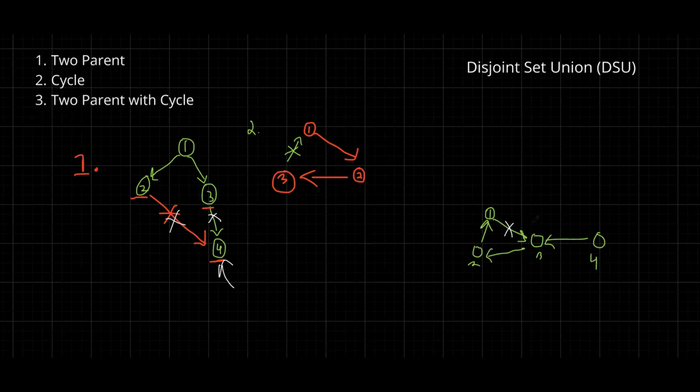And if there exists a cycle with two parents, then we can remove the edge which is present in the cycle. And by doing so, we can use union by size and path compression, which is explained in detail in the redundant connection problem. I hope you understood the algorithm. Now let's move on to the code.